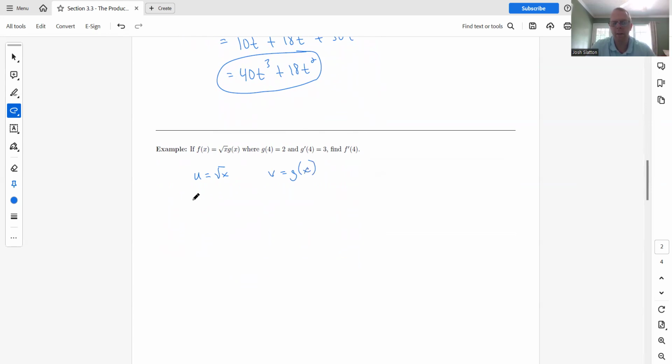And so in this case, and you can do this too if you like, go ahead and write the derivative of u. So that would be 1 over 2 square root x. And actually, the way I would suggest to do this is write the square root, or any radical that you have, as an exponent, so x to the 1/2.